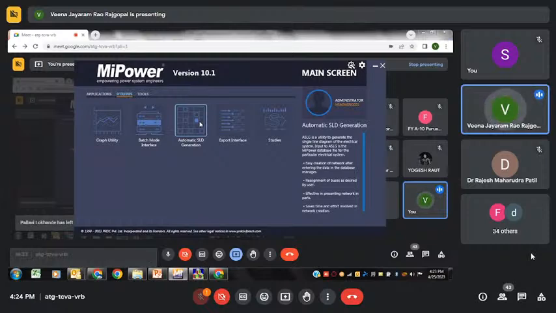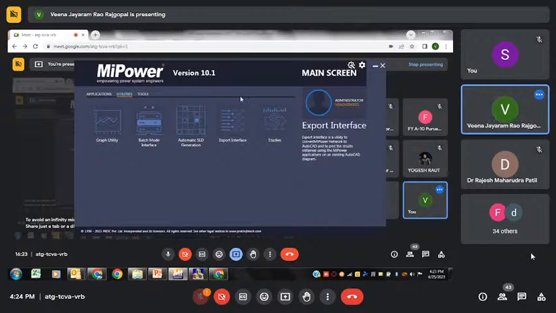If you want to use the automatic single line diagram generation, it generates the single line diagrams based on the connectivity information. Next is the export of your data to AutoCAD, I mean the results and also the network information. And then you have the studies.